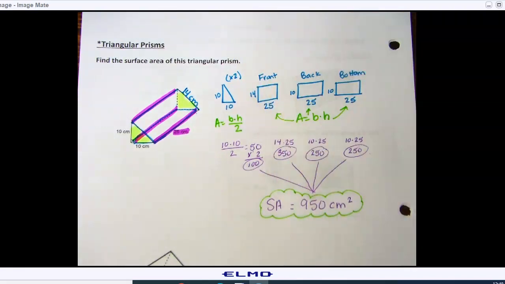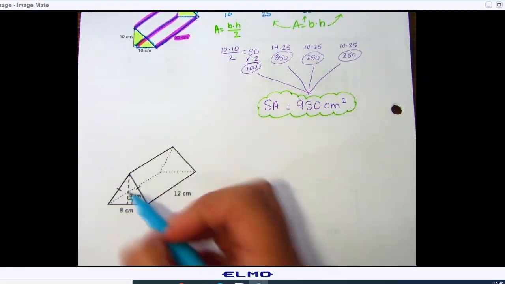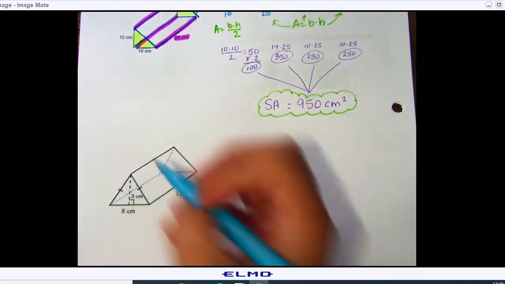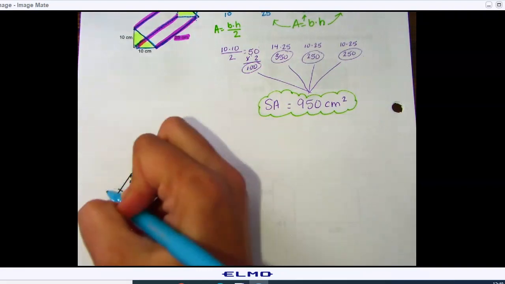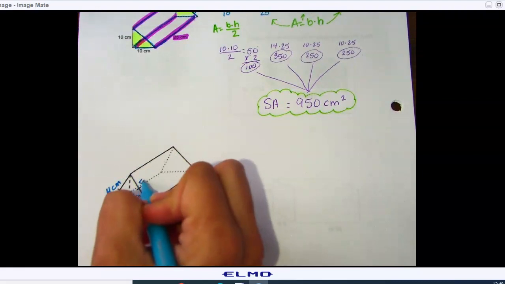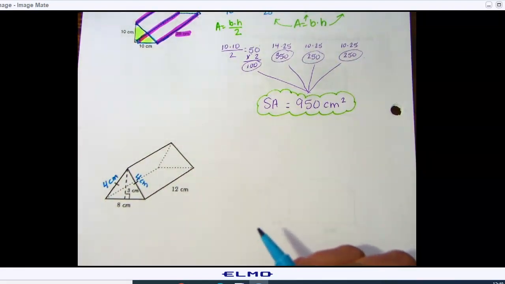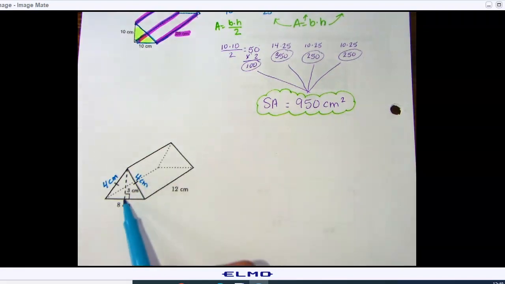If we look at the other picture that you're given, this dash represents, we're going to say 4. I'm just giving you 4 centimeters for both. Now this one is a little bit different because it gives you the height of the triangle.